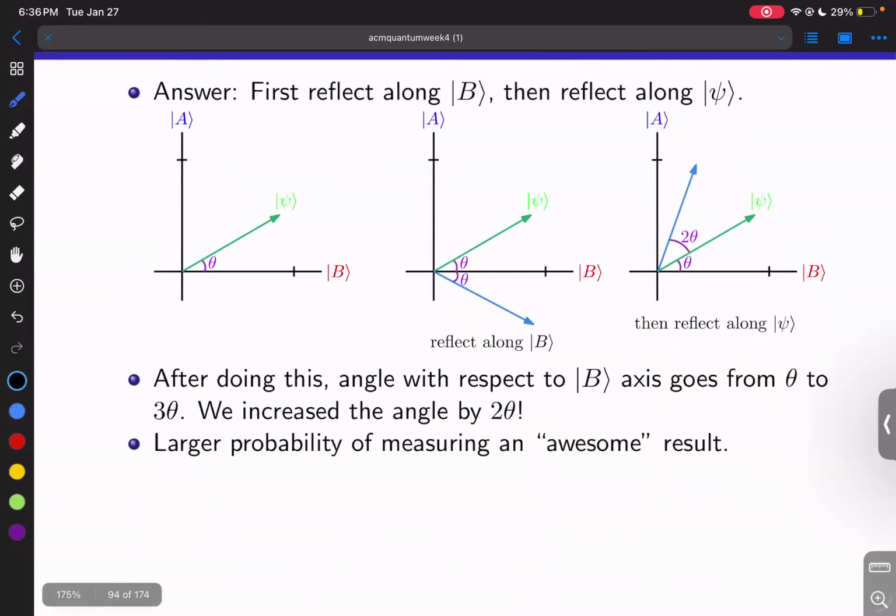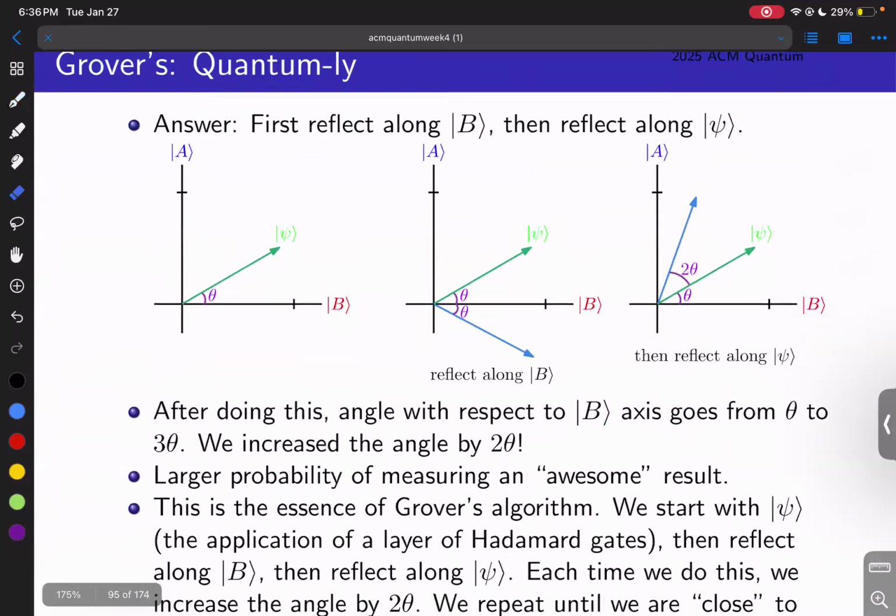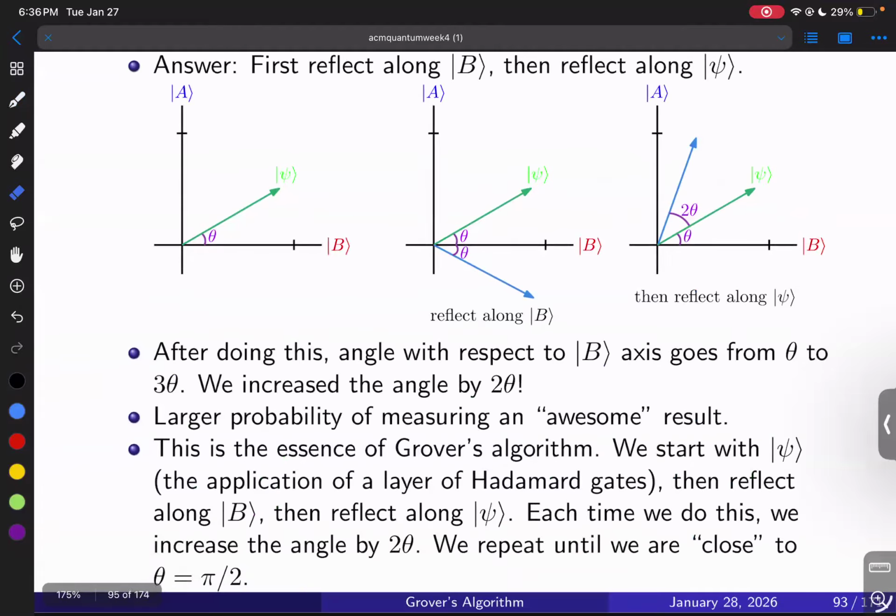This is the key insight of Grover's algorithm, that we can just do this multiple times and get closer to the A axis. When you're closer to the A axis, you have a larger probability of solving the problem. Again, this is the essence of Grover's algorithm.